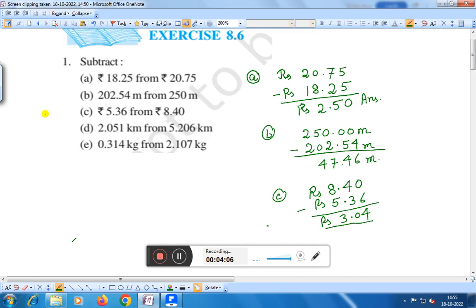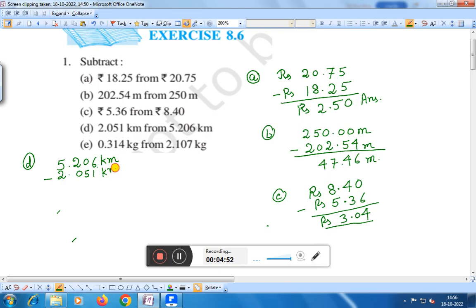Now question number D. Question number D is 2.051 kilometer from 5.206 kilometer. 5.206 kilometer minus 2.051 kilometer.